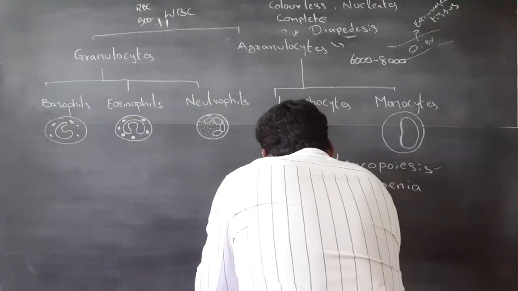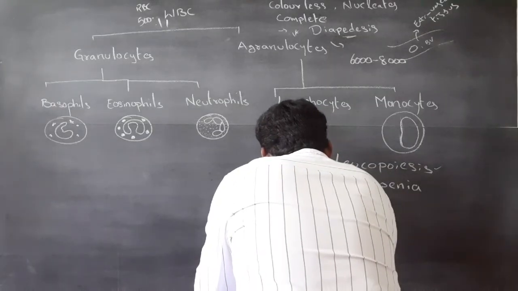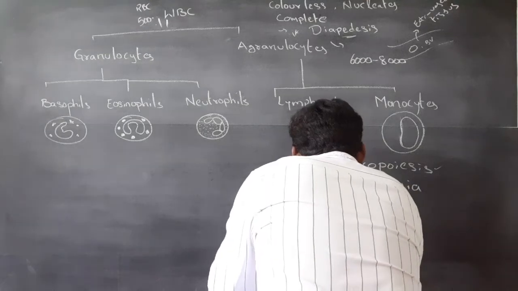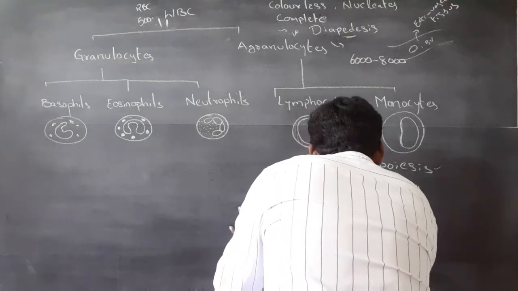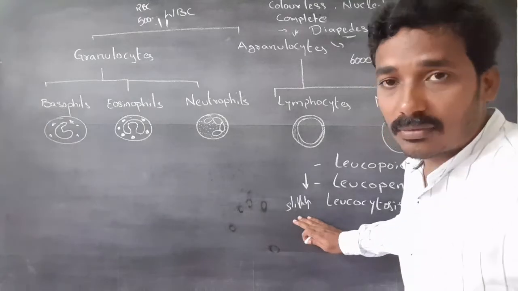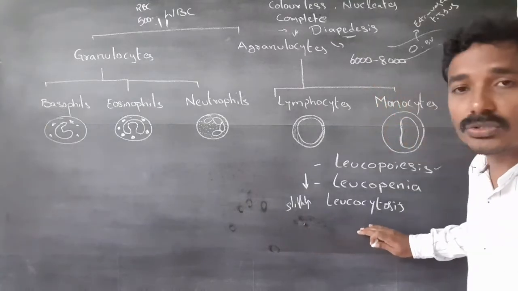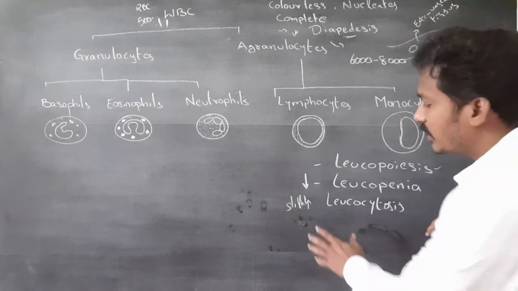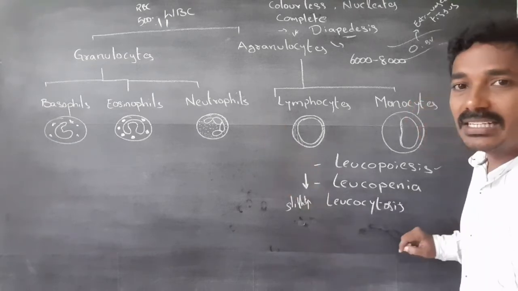A slight increase of WBC is called leukocytosis. During allergic infections, the WBC number slightly increases.